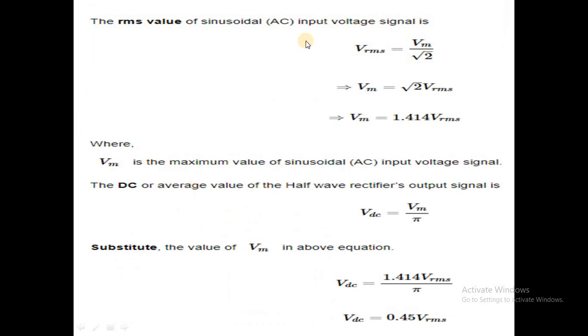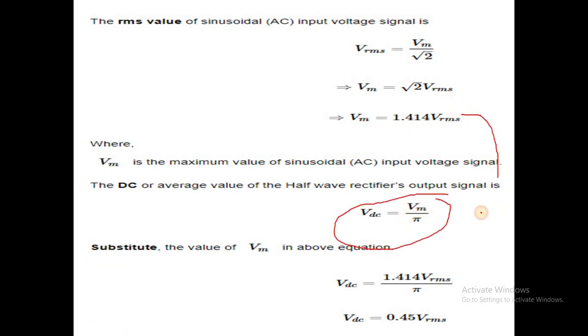The RMS value of the AC input voltage will be Vrms is equal to Vm by root 2. So Vm is equal to 1.414 into Vrms. The DC or average value of the half wave rectifier will be given by VDC is equal to Vm by pi.